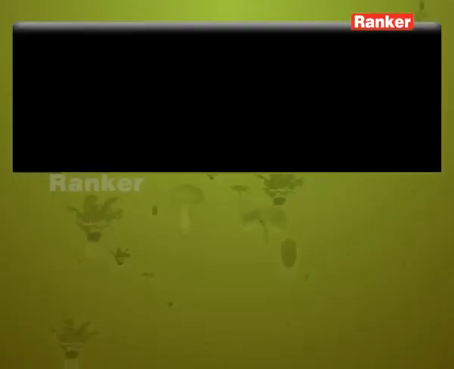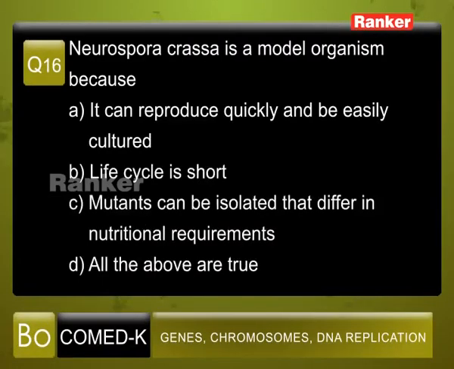Question number 16. Neurospora crassa is a model organism because A. It can reproduce quickly and be easily cultured, B. Its life cycle is short, C. Mutants can be isolated that differ in nutritional requirements, and D. All the above are true.